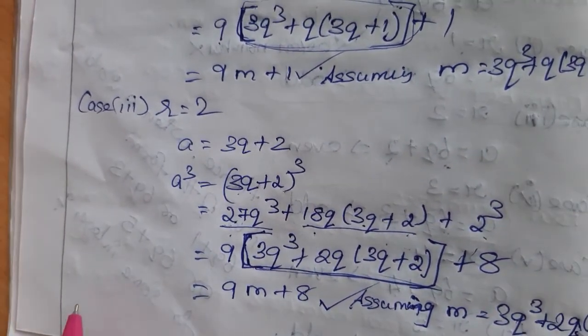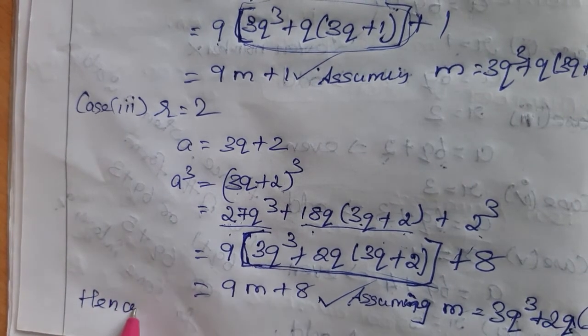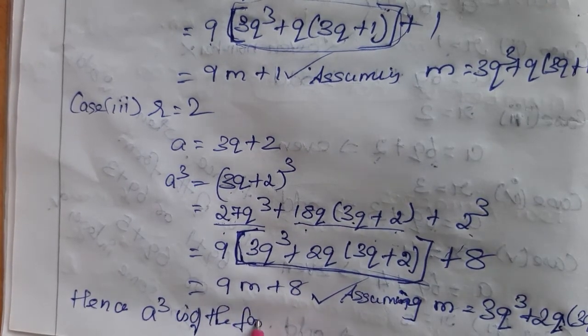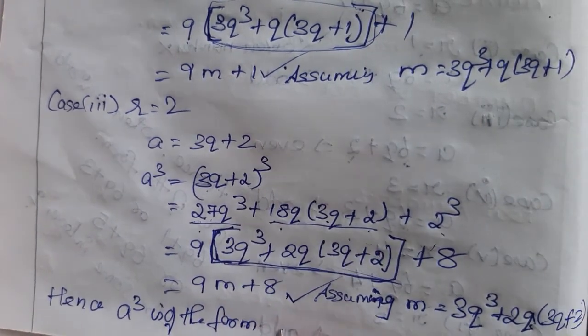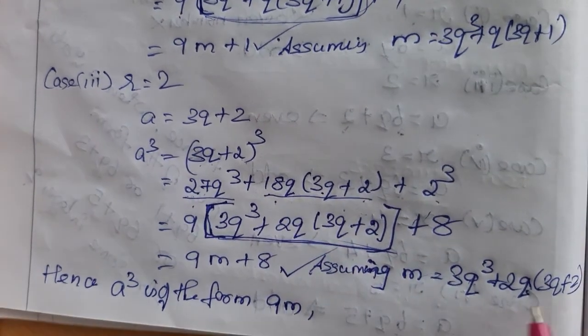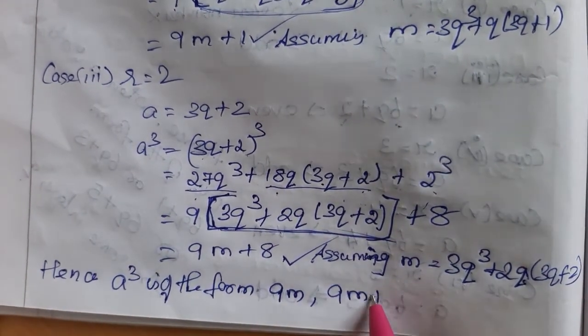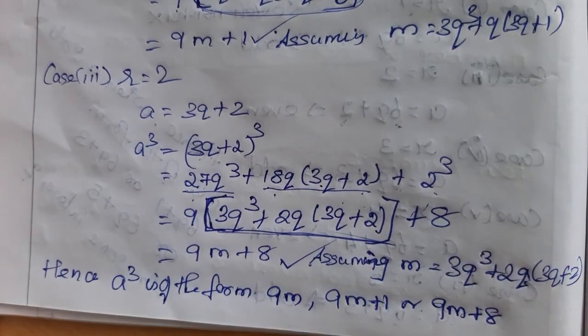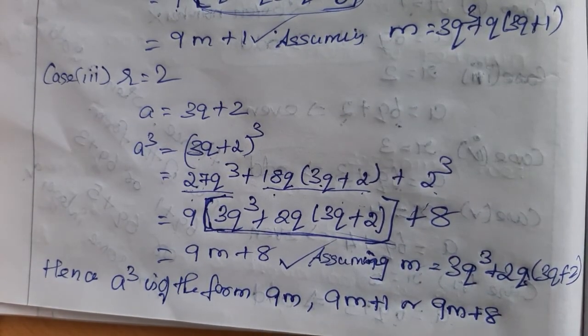Hence, a cube is of the form 9m or 9m plus 1 or 9m plus 8. Clear? Thank you.